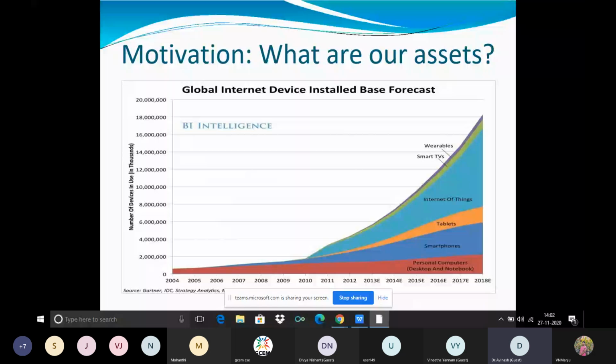We are using different devices which are IoT enabled. The entire business intelligence is moving towards devices which use the internet, so security has become one of the most important and crucial aspects.